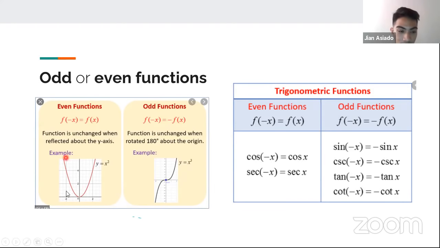Okay, so fun fact lang, etong graph ng even function, pag hinati mo siya sa gitna, identical siya, mirror image. Pero pag dito, hinati mo siya sa gitna, pag pinag-add mo ito at pinag-add mo ito, equal siya sa 0. Kasi ito negative values to, ito positive.